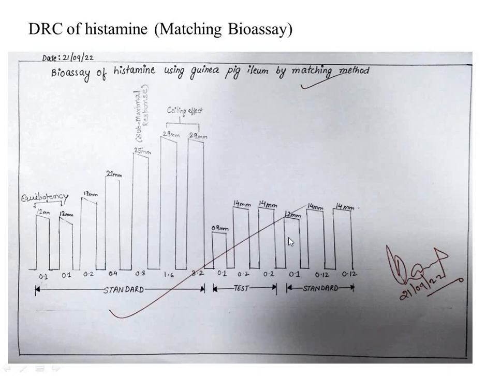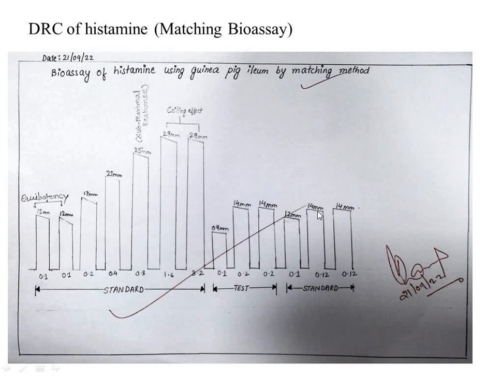So standard 0.2 is getting 14 mm and from the standard 0.1 we are getting 12 mm. So we have to increase the standard a little bit, and we have to check when the 14 mm response is observed. So 0.1 को increase करके 0.12 दिया and we are getting कि 14 mm of response आ गया.